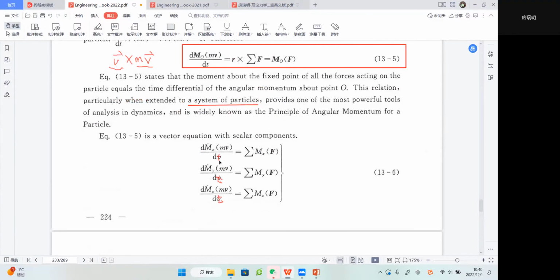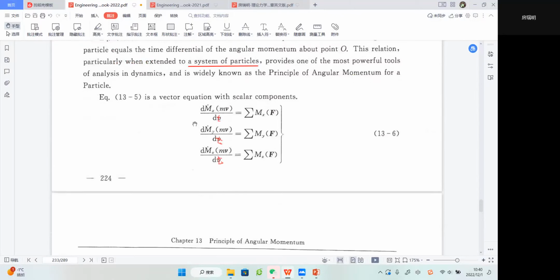It should not be dv, it should always be dt, right? So d(Hx)/dt will equal sigma Mx(F). That means all the resultant force's moment about axis x equals d(Hx)/dt, the time derivative of the angular momentum component along the x-axis.